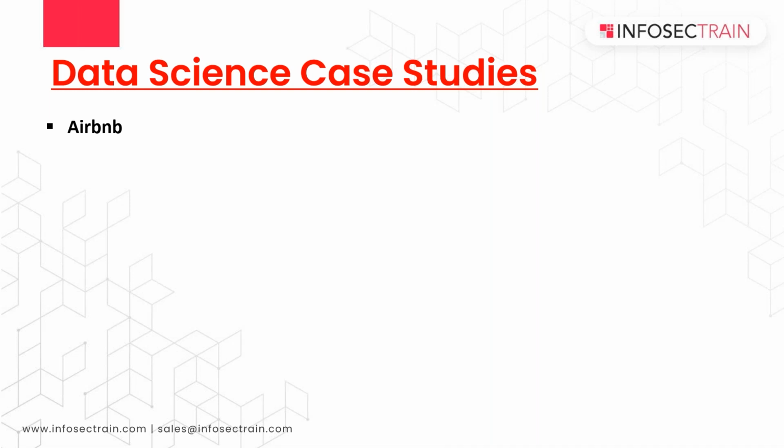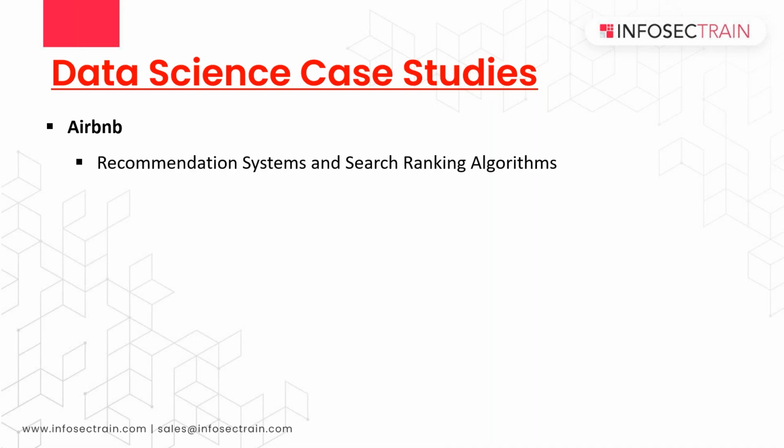Now, this particular company also implemented data science applications in their day-to-day work, like the recommendation system and search ranking algorithms. As I told you, the recommendation system depends on your past history, and basically Airbnb recommends different upcoming things to you.